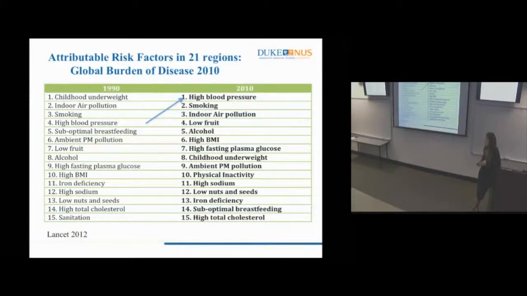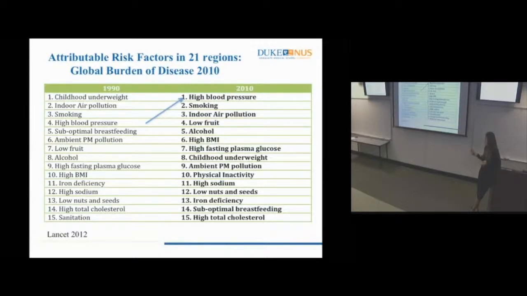I don't have a separate ranking for sub-Saharan Africa, but it will be about that, because infectious diseases are still very common there. But for the rest of the world, if you take the world as a whole, this is what the picture looks like: high blood pressure, number 1, smoking after that.